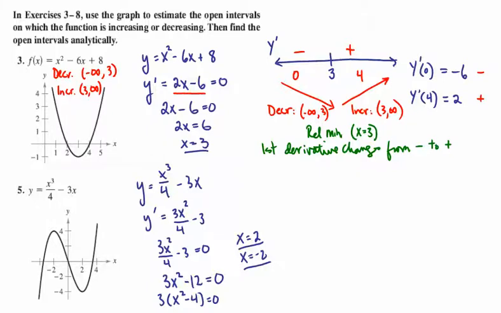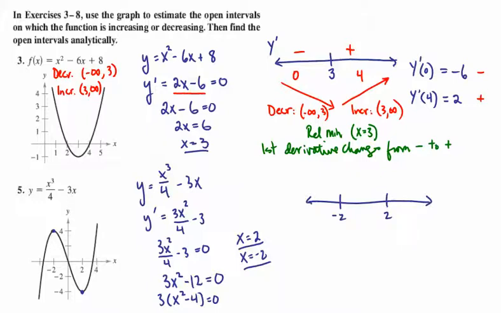Notice, there they are right there in the graph, 2 and negative 2. Now, we don't know which one is a maximum and which one is a minimum, but we do know that those are the critical values. So we go over and make our sign chart. This time we'll have two values, negative 2 and positive 2.